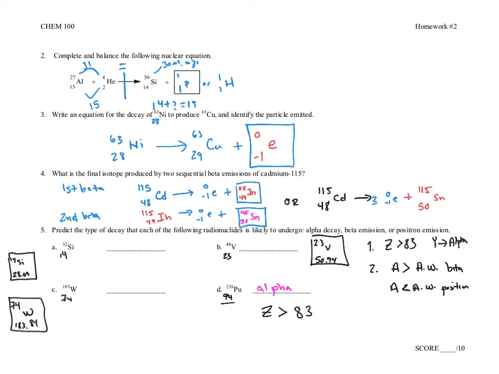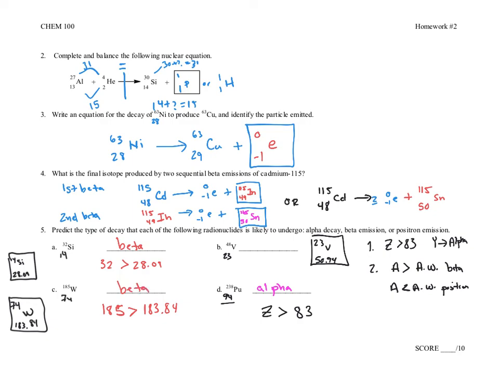Here, my mass number is 32, which is bigger than the 28.09, so this is going to be beta. Likewise, my 185 is bigger than the 183.84, and so it's also beta.